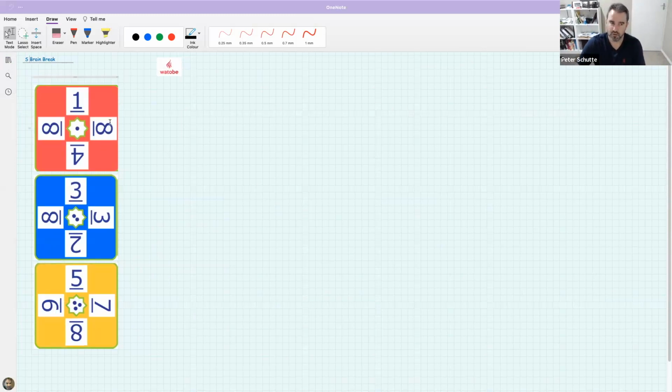What we're trying to do is make 24 using the numbers on the card. See if you can do that.